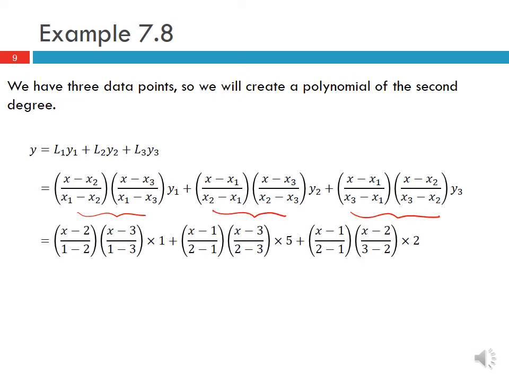And we can plug in the values that we know for all of the values x1, x2, x3. And we see that y is equal to minus 3.5x squared plus 14.5x minus 10.